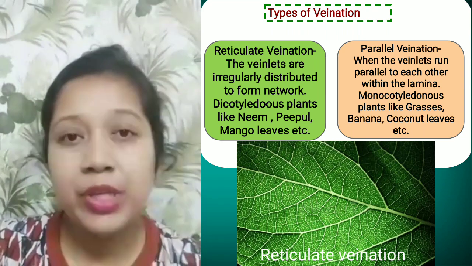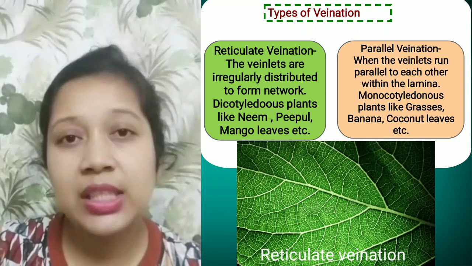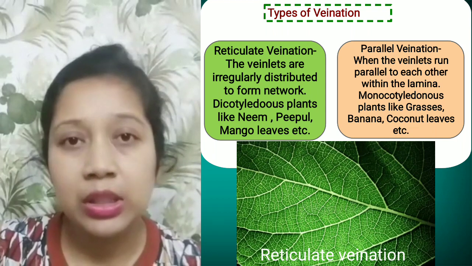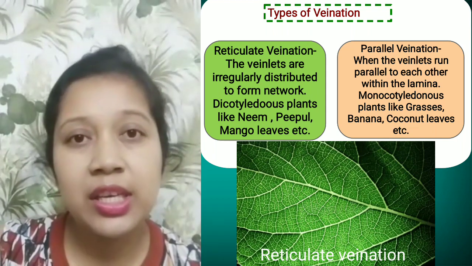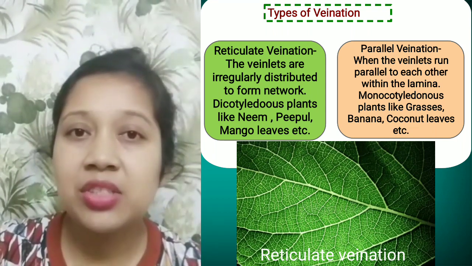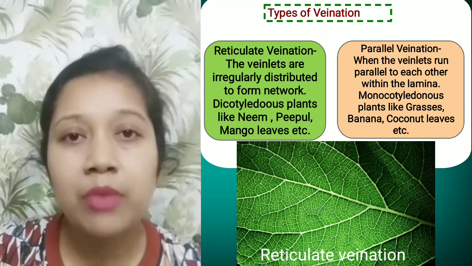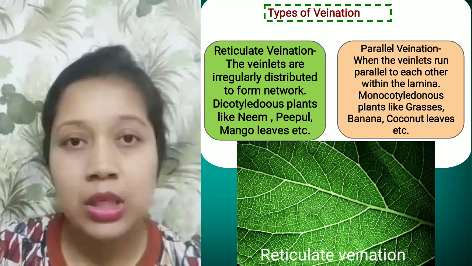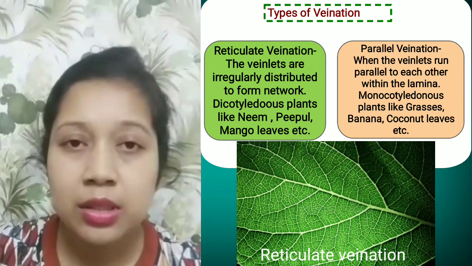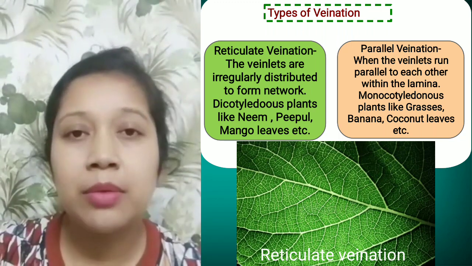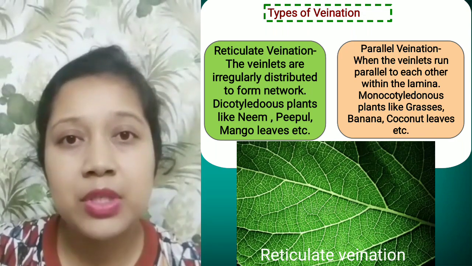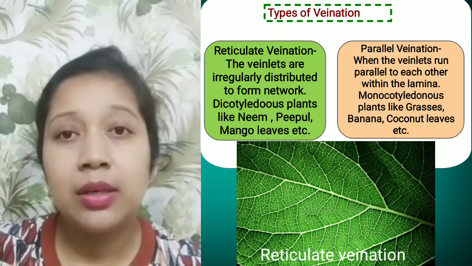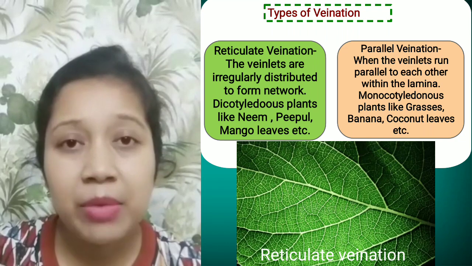Such reticulate venation we can find in dicotyledons. Dicotyledons here means plants such as neem, mango, guava, jackfruit, banyan tree, peepal tree, and many herbs such as the carrot plant, then the ageratum plant, then the cabbage plant.